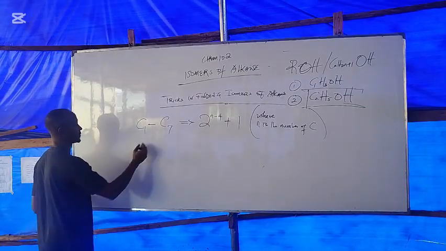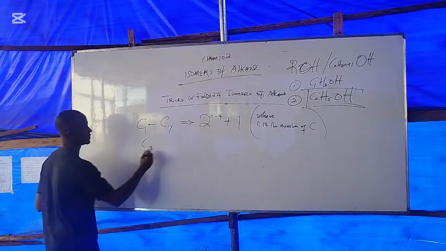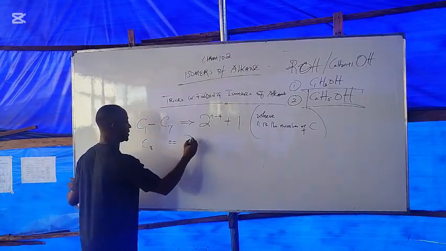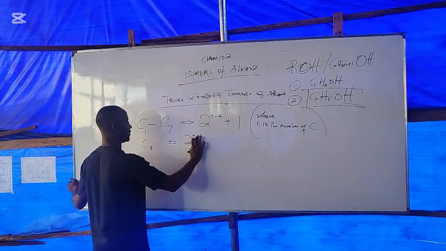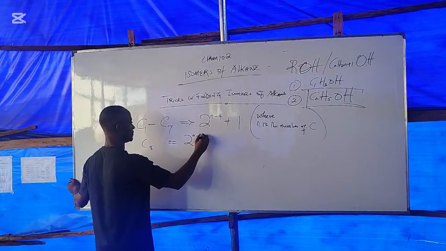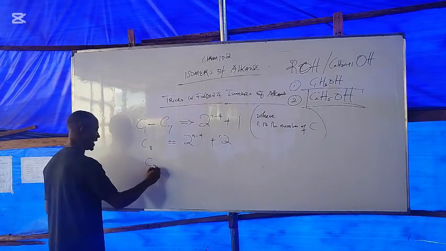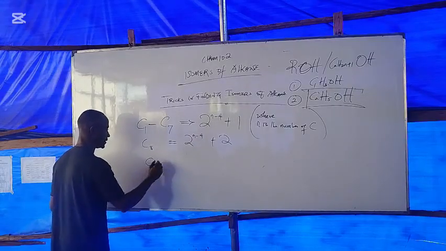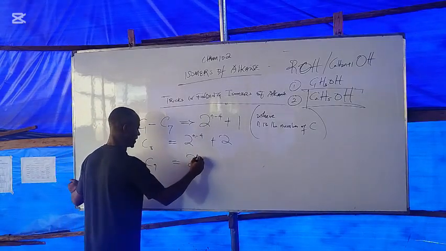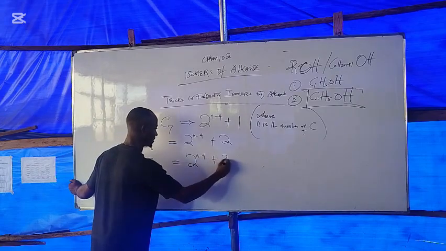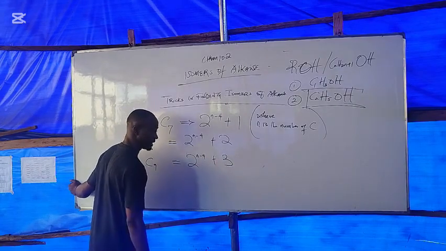Then for carbon 8, the trick is simply 2 raised to n minus 4 plus 2. For carbon 9, it is 2 raised to n minus 4 plus 3. Are you seeing where I'm going?